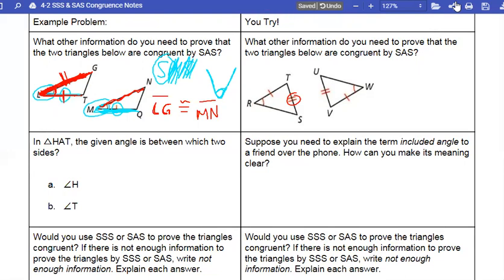Let's go look at it. So remember, where does your angle have to be? Your angle has to be right in the middle of your two sides. So this one is not already congruent by side, angle, side because our angle is not in the middle of our two sides. So figure out what angle you're going to need and then submit your answer and we'll go on.